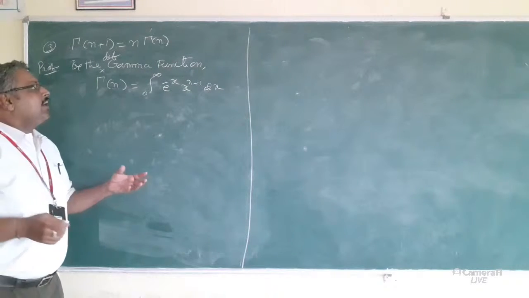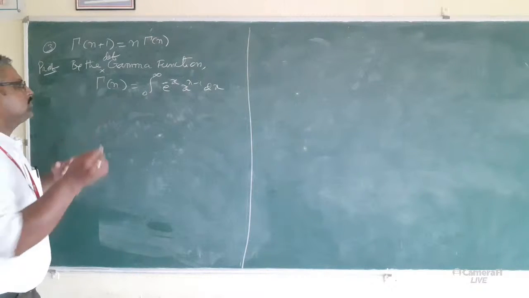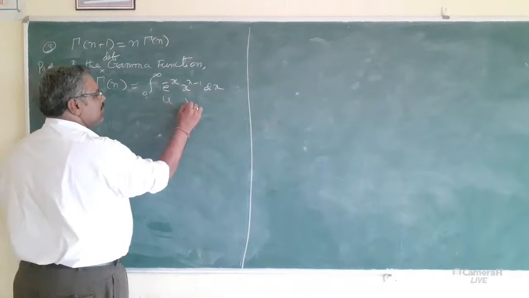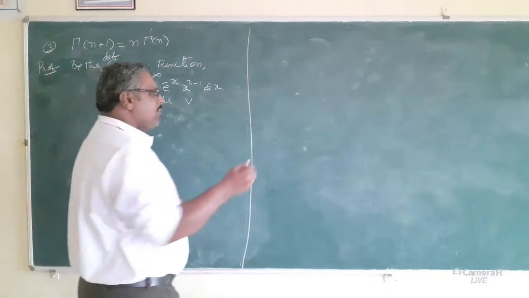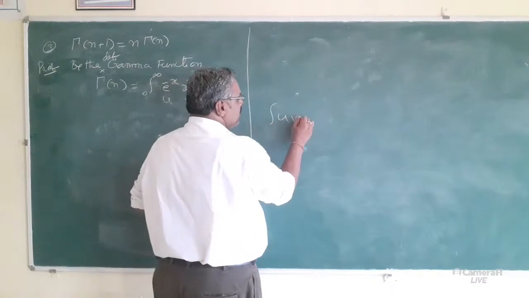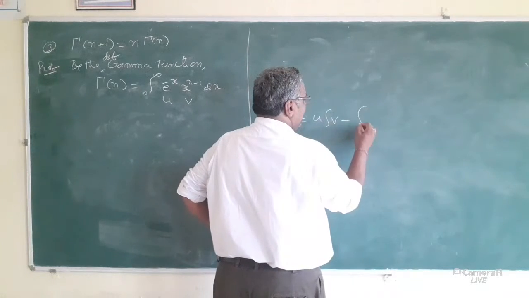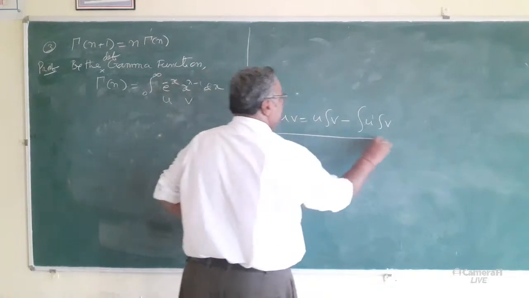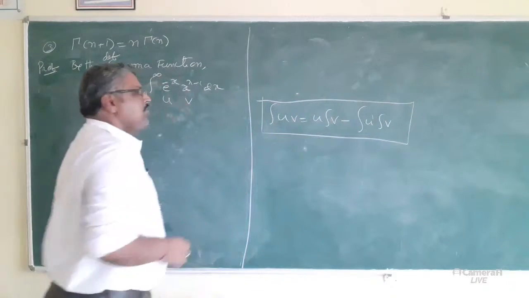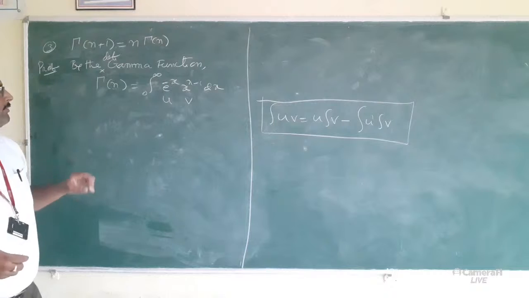Now we will integrate. This is using the UV formula: integral of u v equals u into integral v minus integral of derivative of u into integral v. Using this formula, we will integrate.